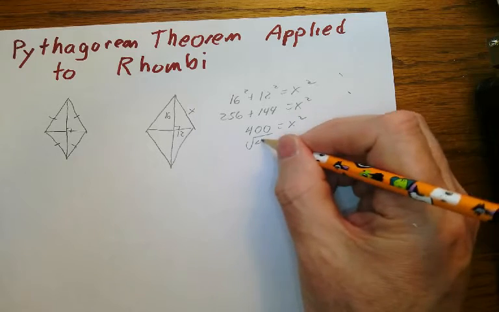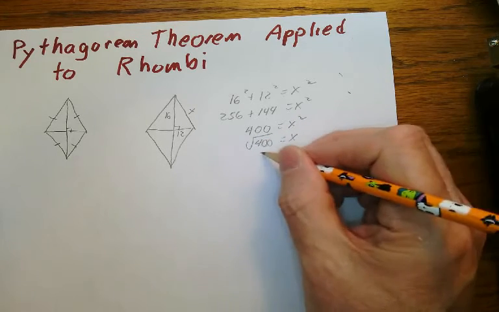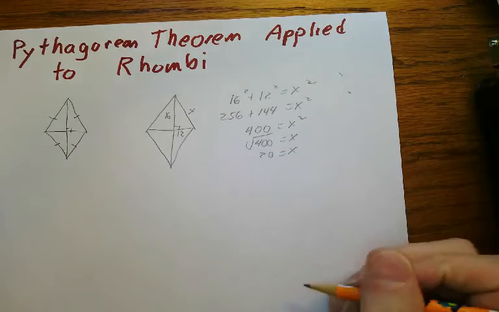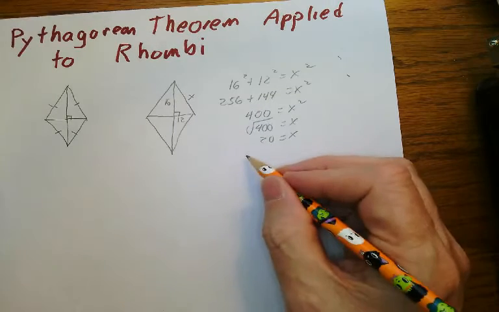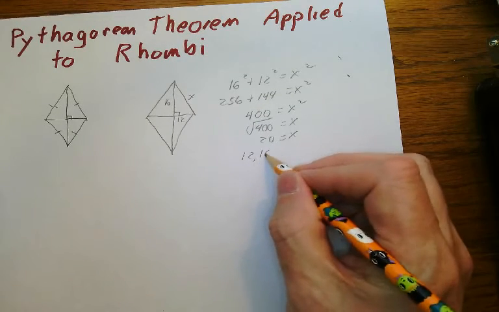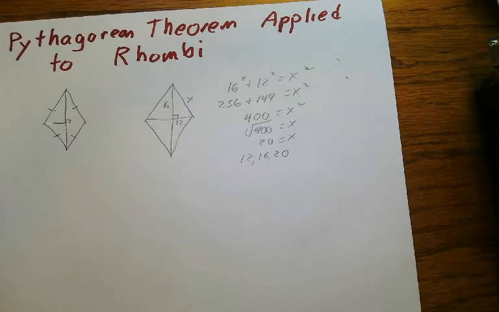The square root of 400 is x. 20 is x. And you may recall that 12, 16, 20 is a triple. It is the 3, 4, 5 triple multiplied by 4.